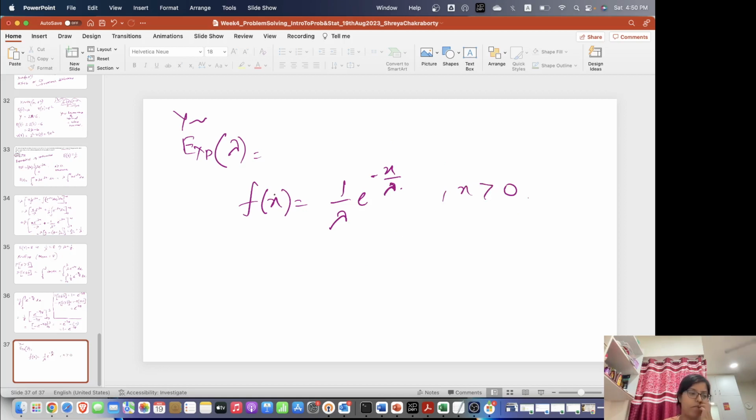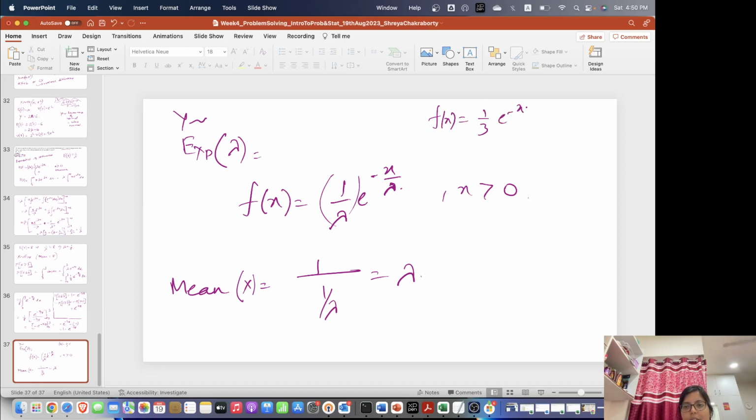If the parameter is given in this form, then the mean of X will be 1 by this coefficient, 1 by 1 by lambda, that is lambda. So just be a little careful how the PDF is being given to you. If you have something, let's say f(x) is 1 by 3 e to the power minus x by 3, then you can say that the mean is 3.